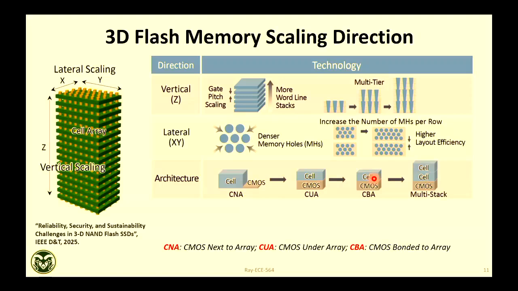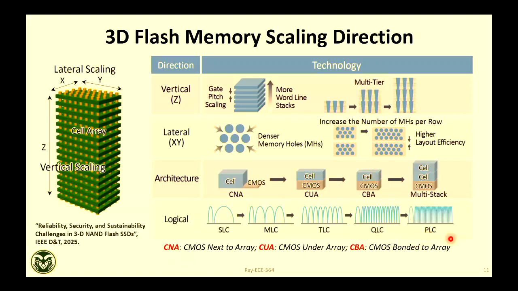So now there are a lot of proposals: can I make a crystalline silicon channel instead of polysilicon? There is some metal-induced crystallization process, MILC. Those are the new directions.